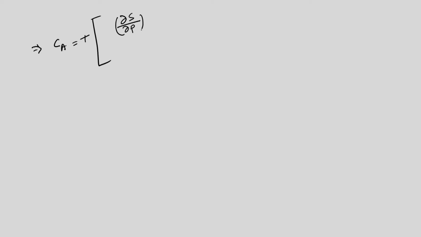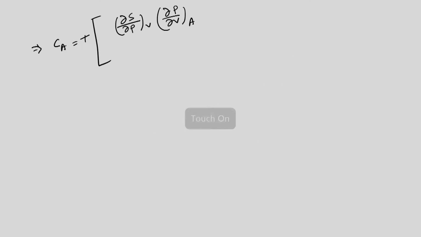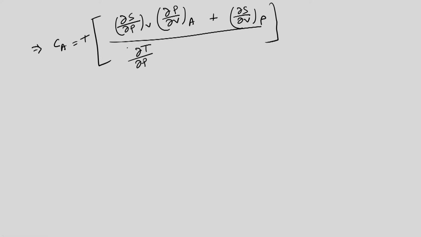If we simplify further, we get T times del S by del P at constant volume times del P by del V at constant A plus del S by del V at constant P, divided by del T by del P at constant volume times del P by del V at constant A plus del T by del V at constant P.